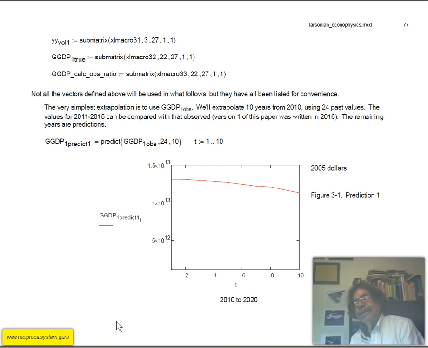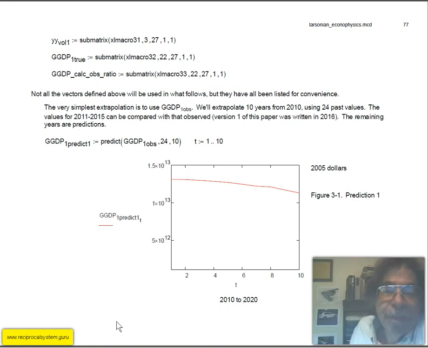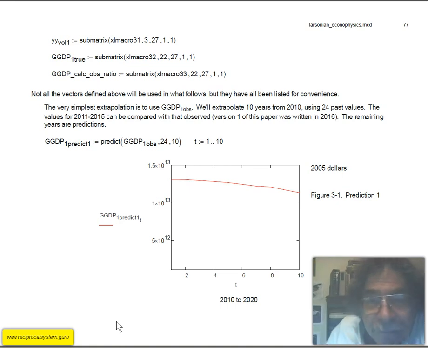To handle shocks to the system, you would simply drastically reduce the number of employees, basically. So if 40% of the workers are out of work, then that would automatically decrease the GDP by 40%. So anyway, we'll extrapolate 10 years from 2010 using 24 past values. The values for 2009 and 2015 can be compared.